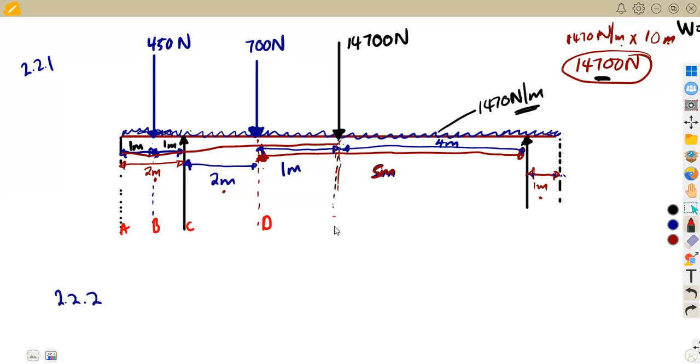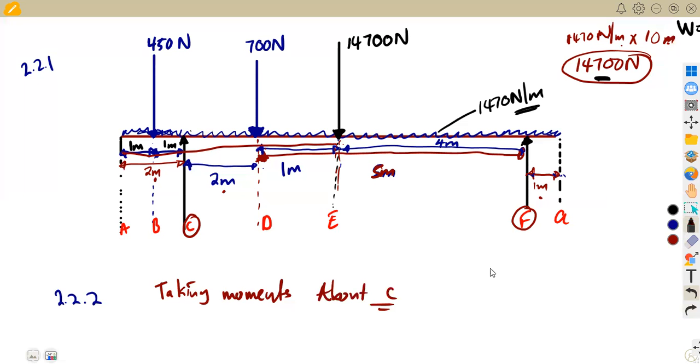So yes, we can write it as E. Then you can move on to this one as F, then this one as G. At the naming part, it's up to you. All right. So meaning to say, according to this, our supports are going to be C and F. So for calculating F, we can start with that. It's up to you. So taking moments about C in this case, taking moments about C.